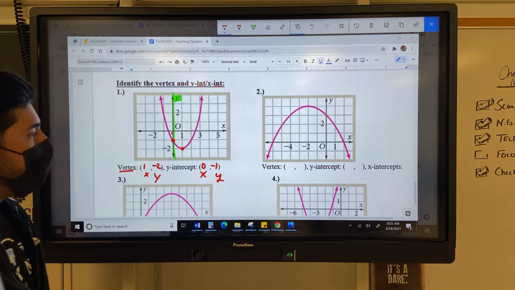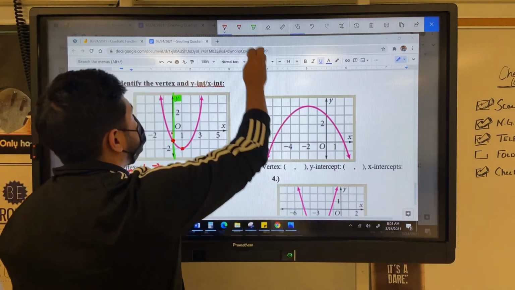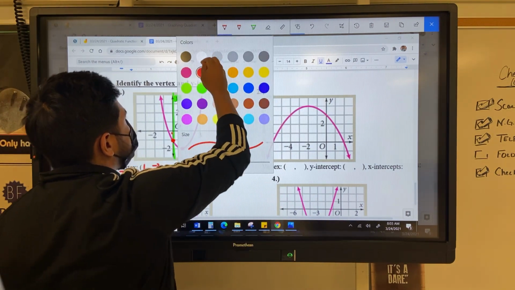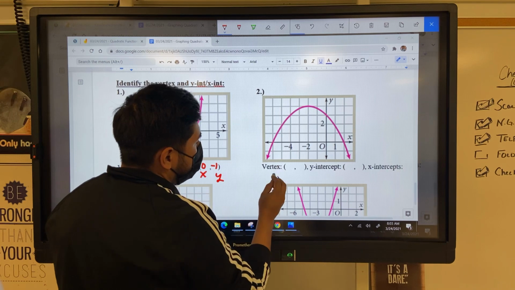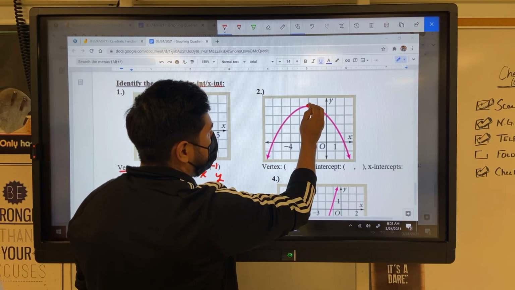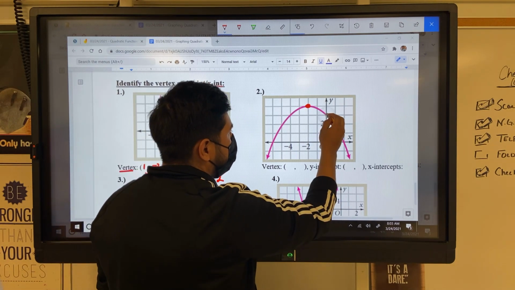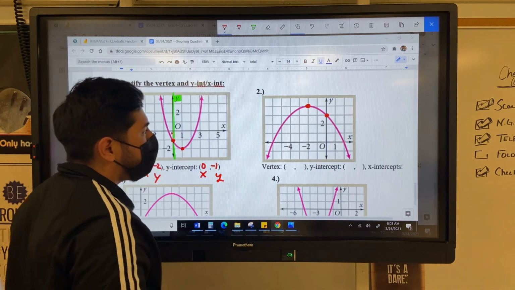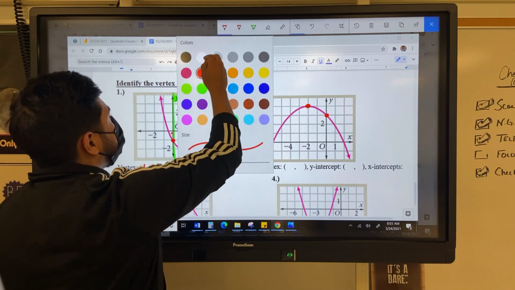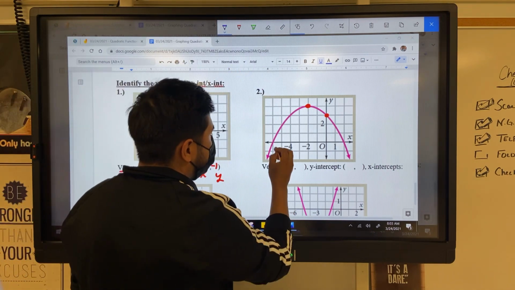Boom. Over here's a lot, so I'll let you all do that one just to make sure. Vertex is the highest point. Boom. Y-intercept crosses the y. And then the x-intercepts. We got boom.